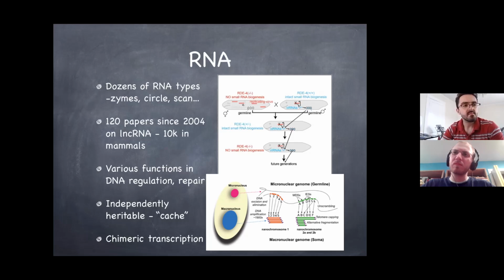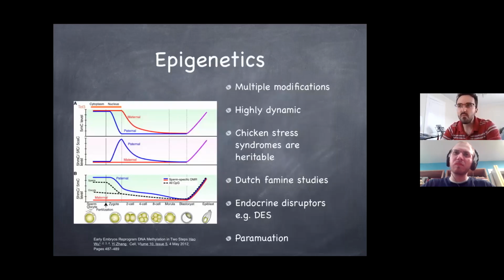Finally, we've all heard of epigenetics. This is essentially on top of the genome modifications, right? So it includes covalent chemical modifications of DNA. As I mentioned, methylation and deamination of cytosine, which really is not epigenetic.